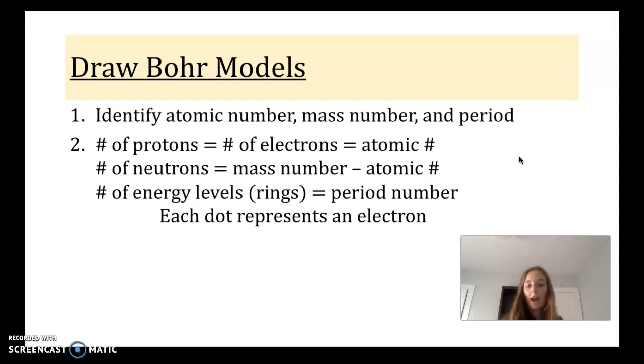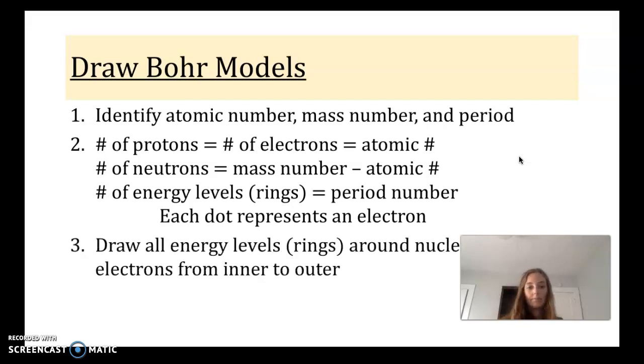Then we need to figure out how many energy levels, or orbitals, those shells, that we have. The period number will tell us how many shells we have. Again, our periods go across on the periodic table of elements and our groups go up and down.